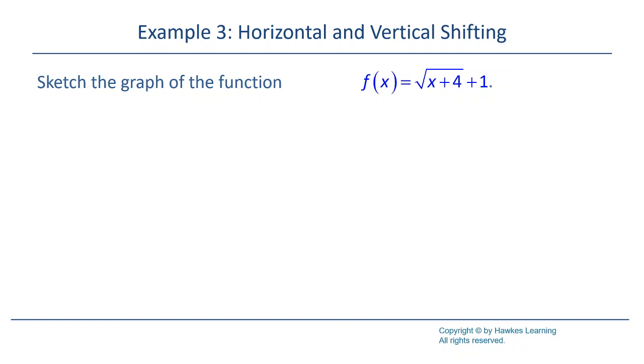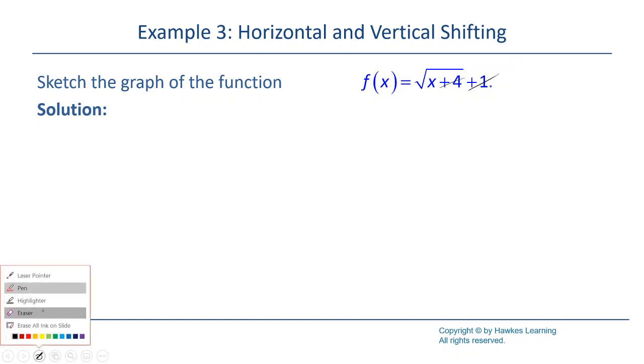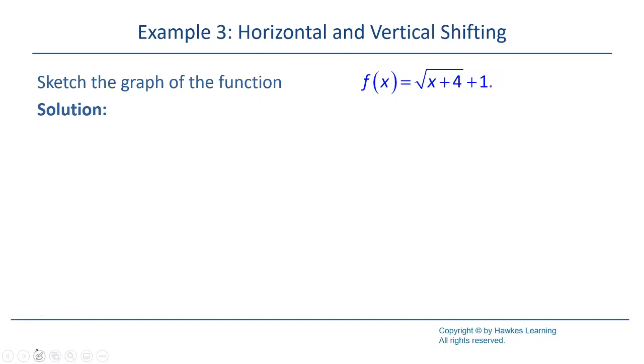So before we even sketch the function, let's identify what this is. So if we drop everything that's different, so if we take out the plus 4 and we take out the plus 1, the parent function, so this is just the square root of x, and it's going to be shifted 4 units.